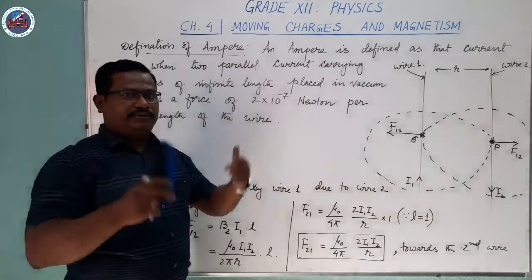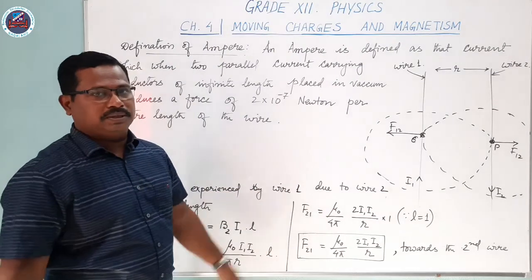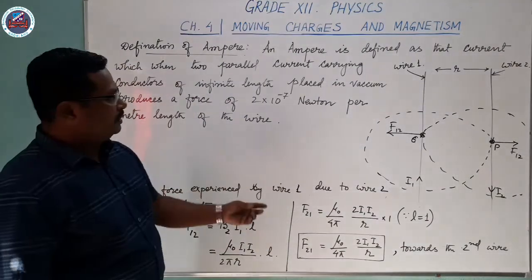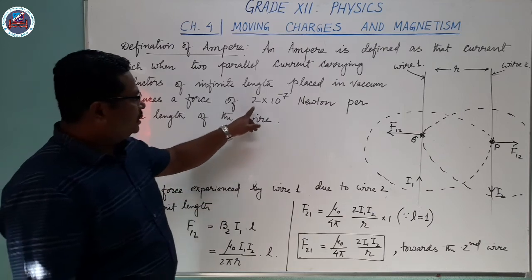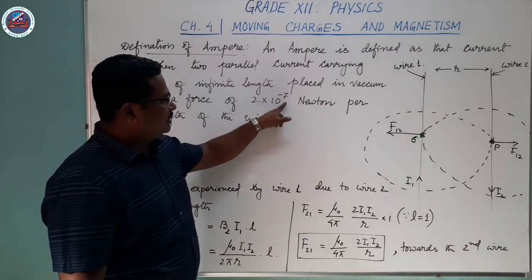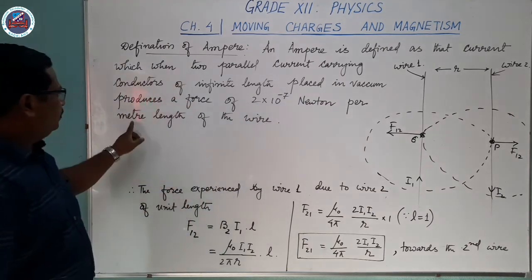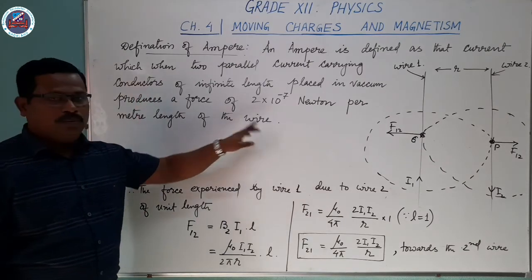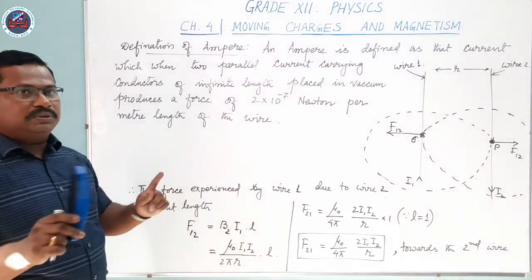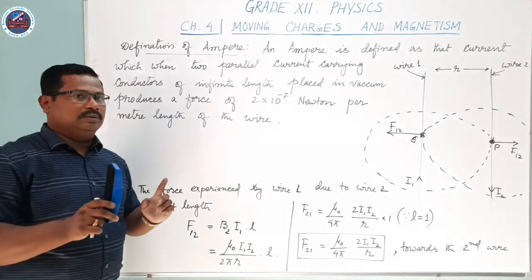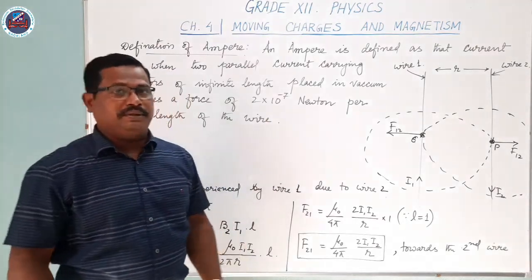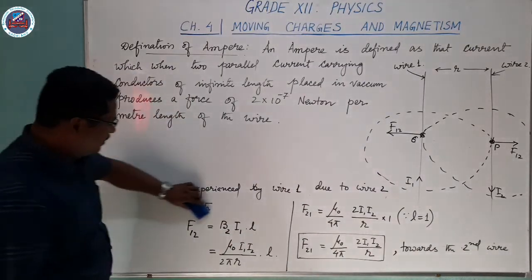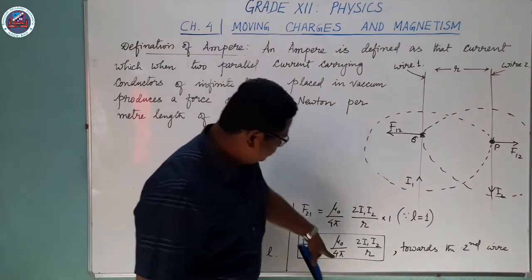The force can be a force of attraction or a force of repulsion, as we have seen, depending upon the direction of current. If they produce this force, 2 into 10 to the power minus 7 Newton per meter length of the wire, then we'll say that the current we are passing through the wire is 1 ampere. You can show this mathematically. It is coming from this formula.